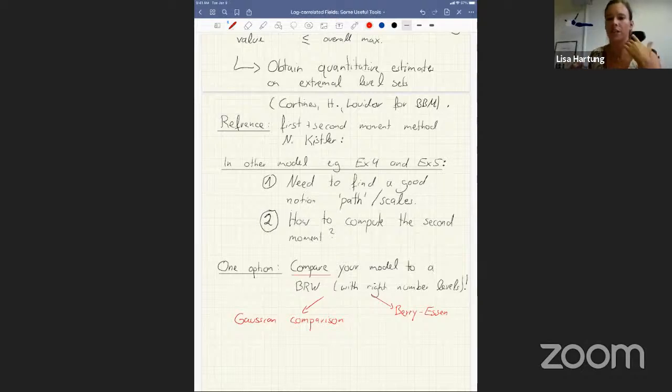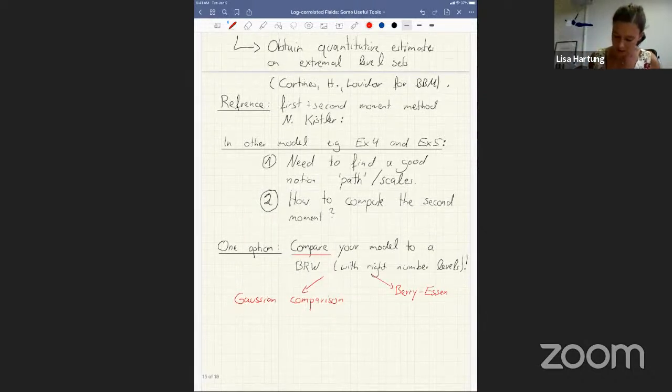Of course, you can also try to do it more roughly and only have the branching random walk in your head. These will be two things that I will be focusing on tomorrow. Not tomorrow, it's actually Thursday.